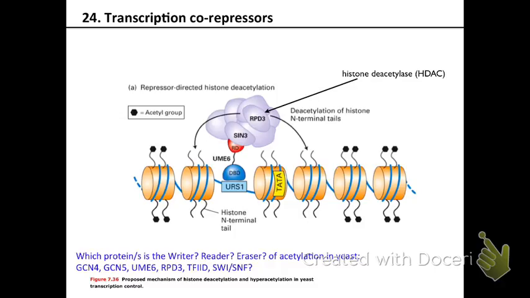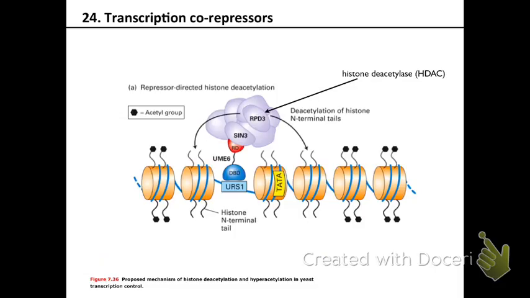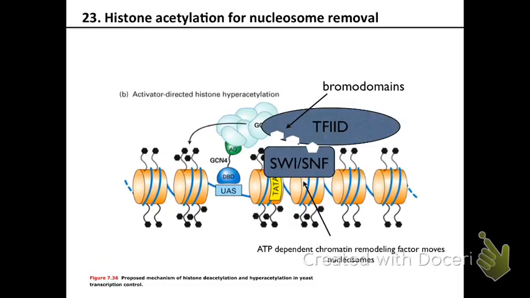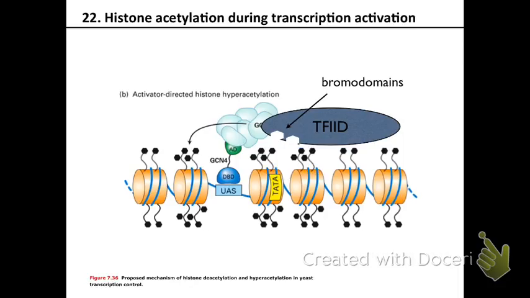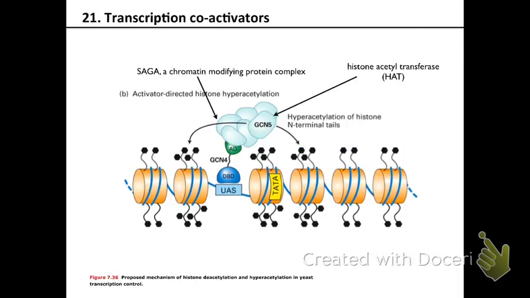What protein is the writer of acetylation? It's in the previous slide. What protein writes the acetylation? Perfect. That is the enzyme that puts on the acetylation, so that would be the writer, right?